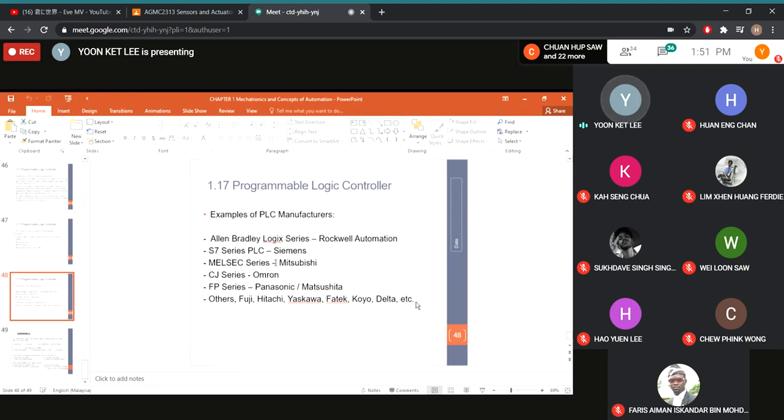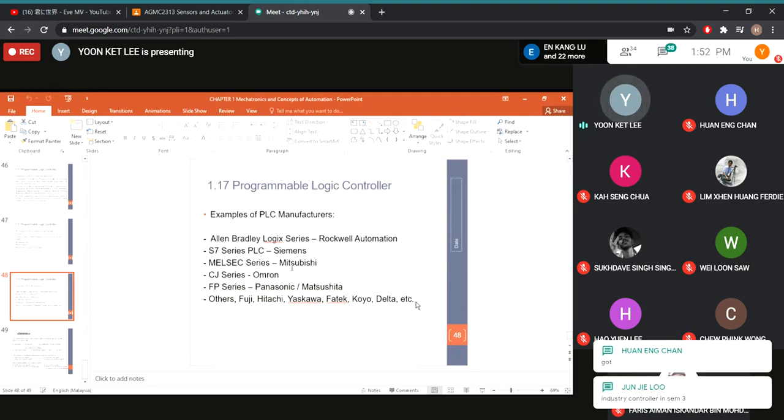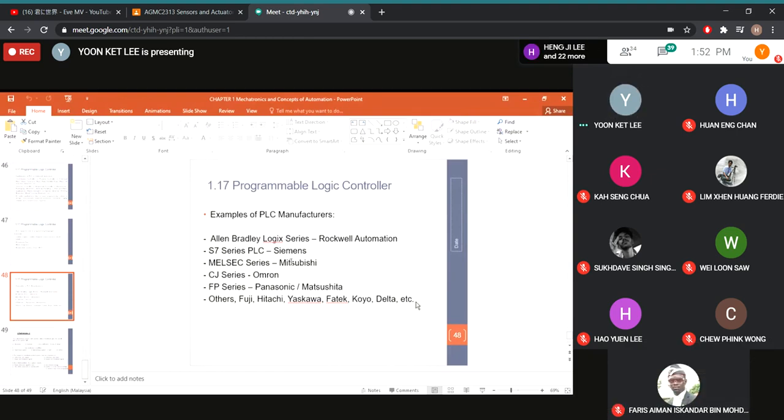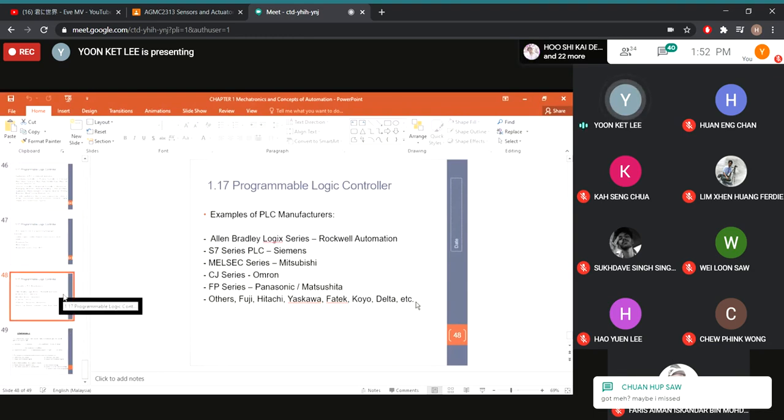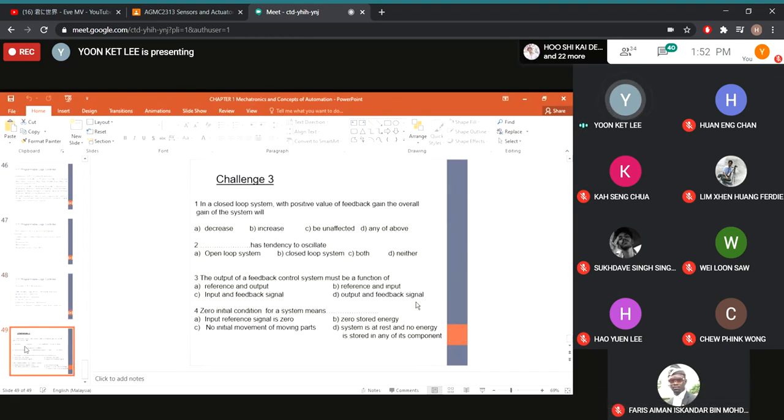For example, they cannot have an identical one, else Mitsubishi will sue Siemens, and Siemens will need to pay money to Mitsubishi. So that's why they come up with a different way of writing. And then, as I mentioned just now, the IEC came up with a standard.